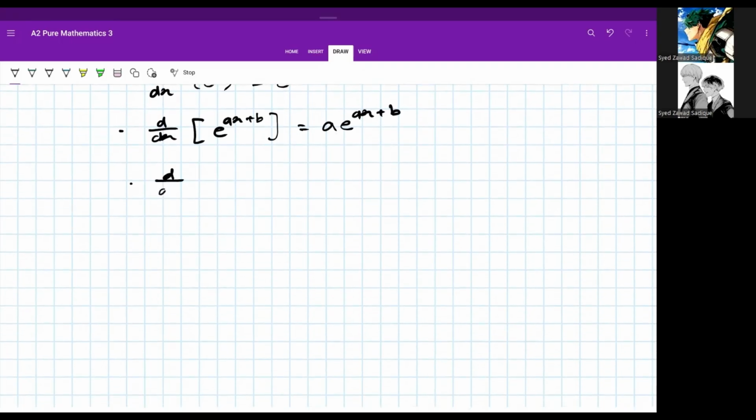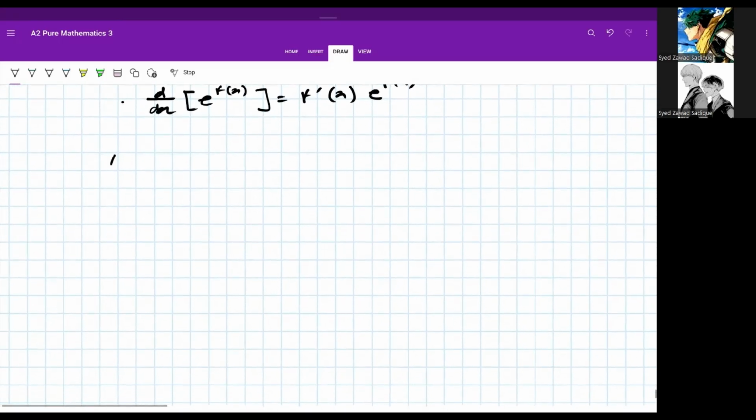This is going to be very boring because I just have to write down the formulas that you guys are going to work with. And d by dx of e to the power f(x).